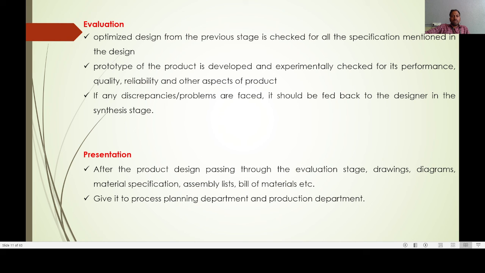With these subcomponents, the production planning department will plan for production, and check the feasibility of designing the component for manufacturing. After the process planning department's approval, the production department will start the production of the particular product.